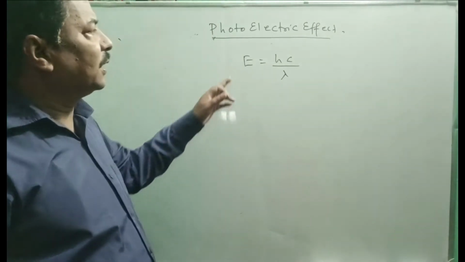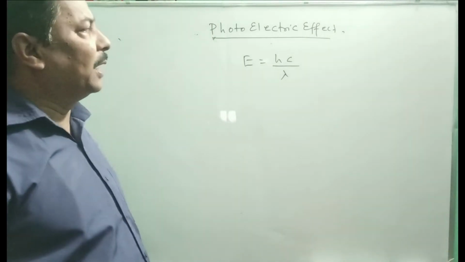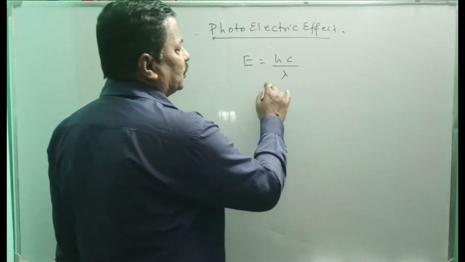Now see this relation: E = hc/lambda. h is a constant.